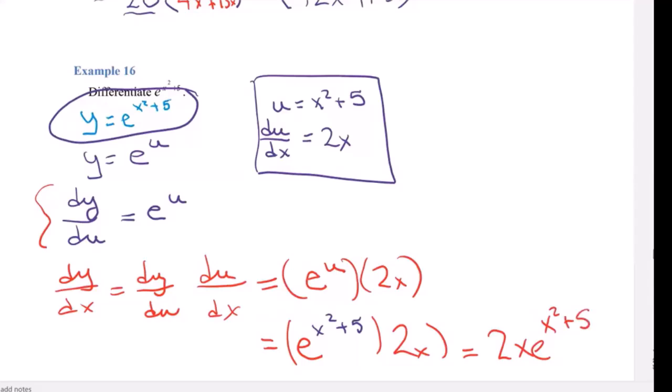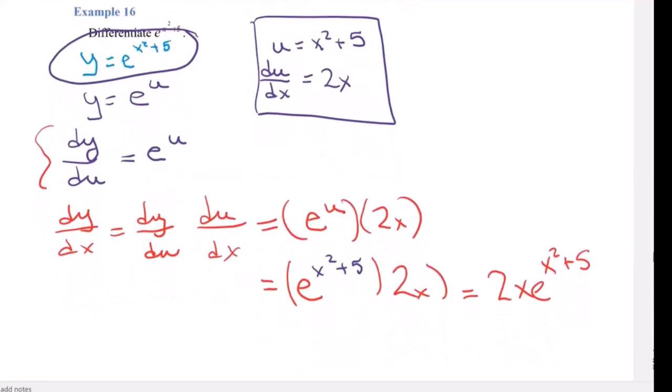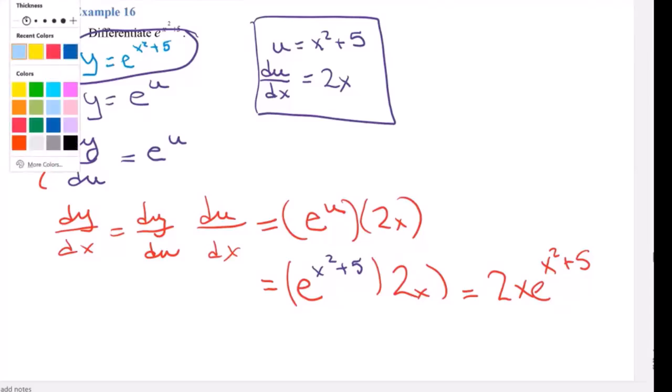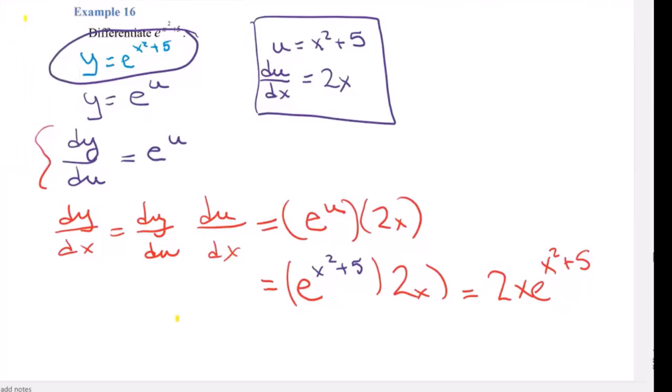Now that we did this, I think I'll do the other one by showing you how this works. If you notice, I have e to some power. My outer function is e to the x, and my inner function is x squared plus 5.